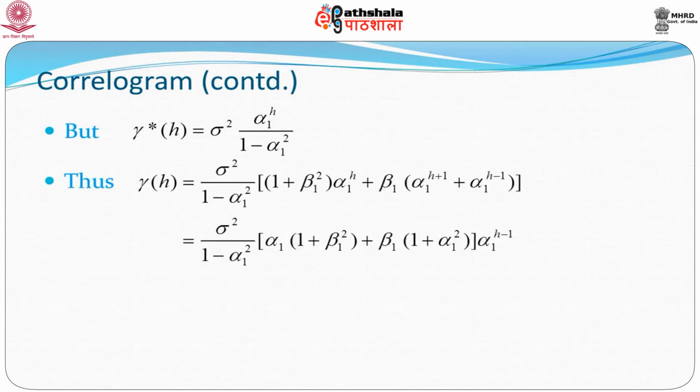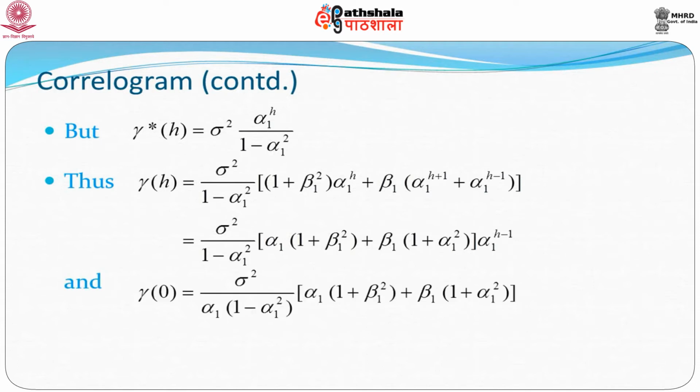Then if we substitute this gamma star h in the previous relationship, we will end up with gamma h equal to sigma square by 1 minus alpha 1 square into this term in the third bracket. Remember, there were 4 terms, and these 4 terms simplify to these quantities. As a special case, let us take h equal to 0, and then we will end up with gamma naught, which is basically the variance of x t.